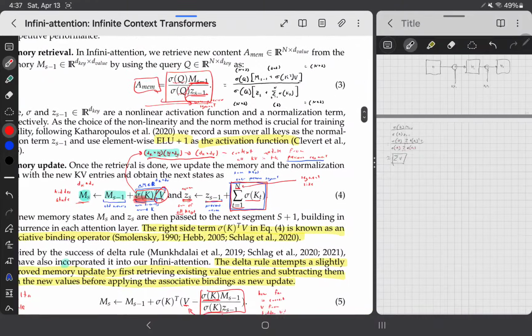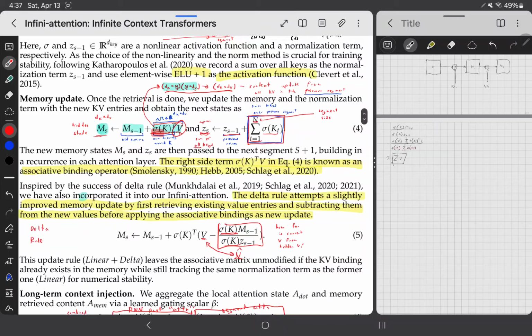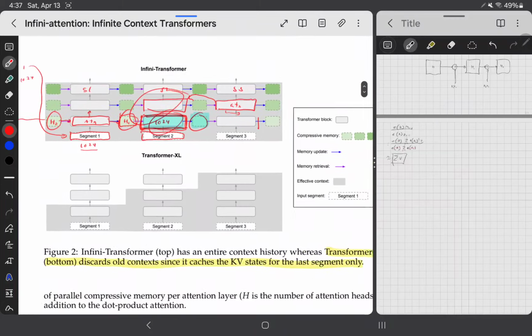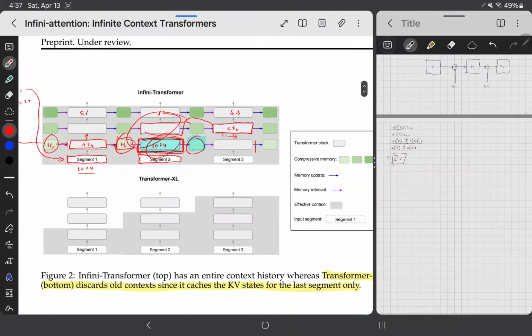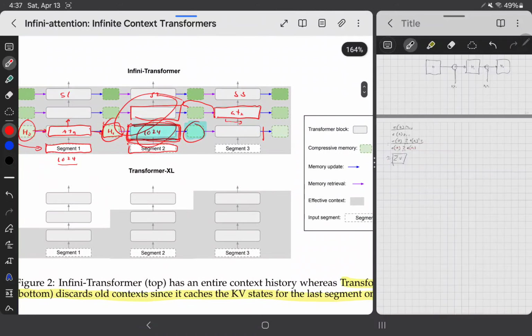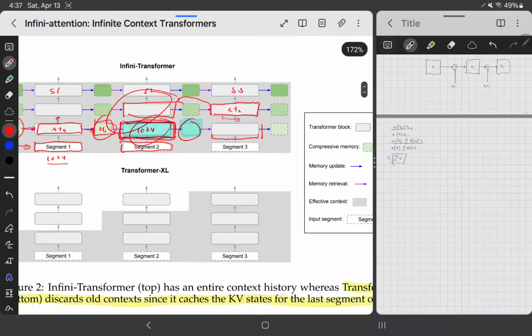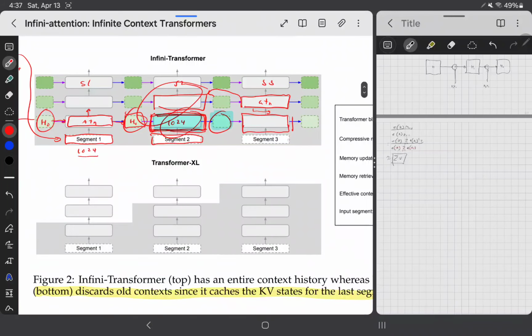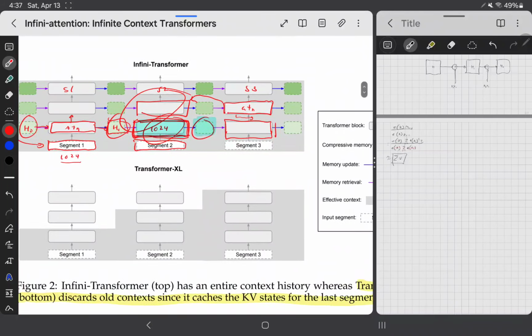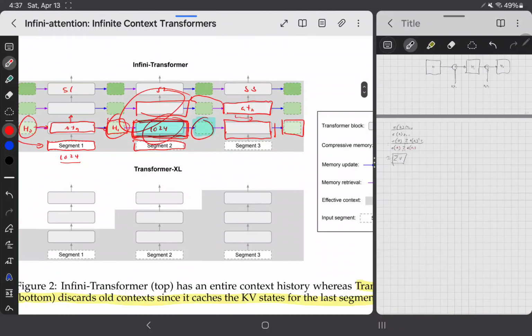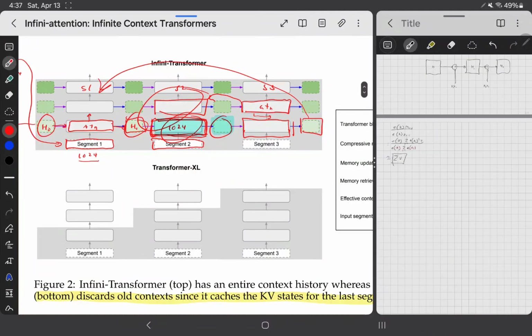Now, that's basically the entire thing they do. They just add this RNN part to the segments, and it allows them to extrapolate further, because the positional encodings are just on this part here. The positional encodings are not on the entire part. They're just on this local part here. And you have this RNN that hopefully captures all the information from the past.